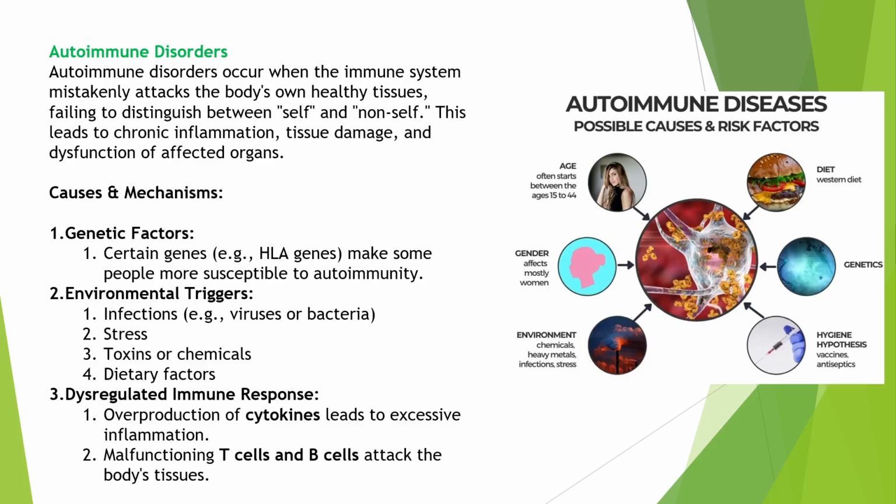At the same time, it also has to identify what is self, so that it will not attack your own cells, eliminate your own cells, or cause damage to your own cells.